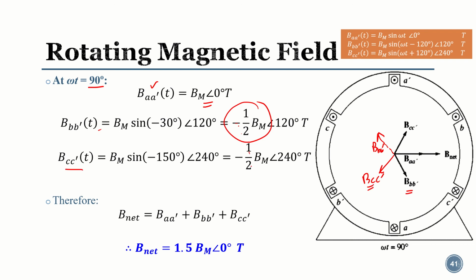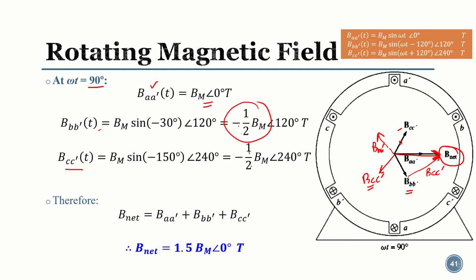So this is plus BCC dash, so this will be minus BCC dash. If you calculate the net, for example you bring this thing here, and the net vector will be this one, B net.